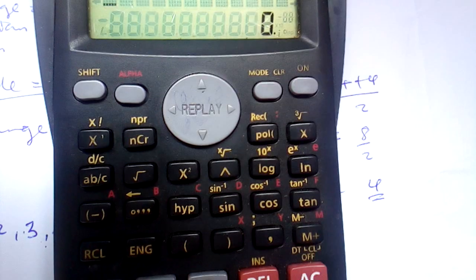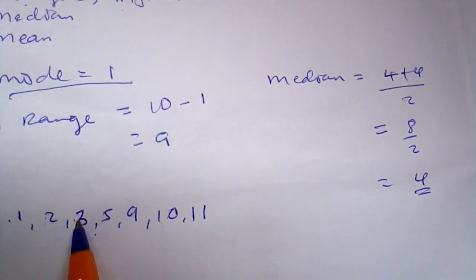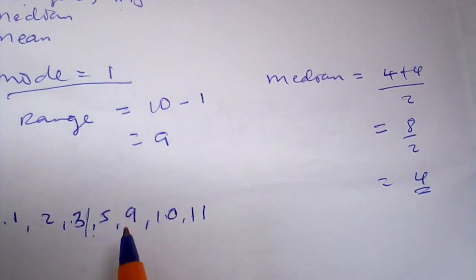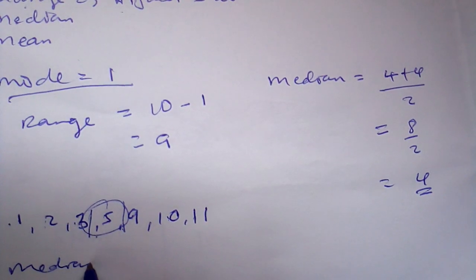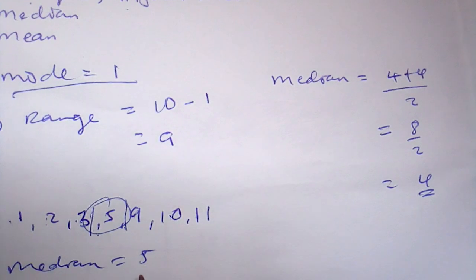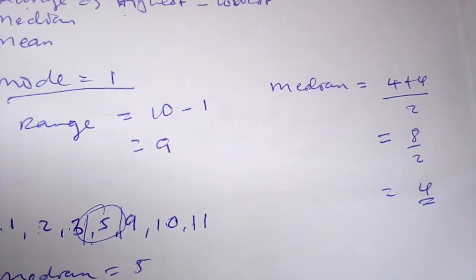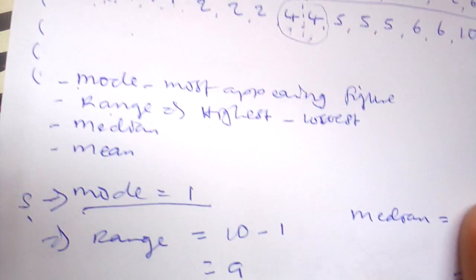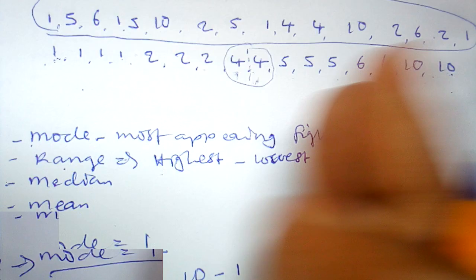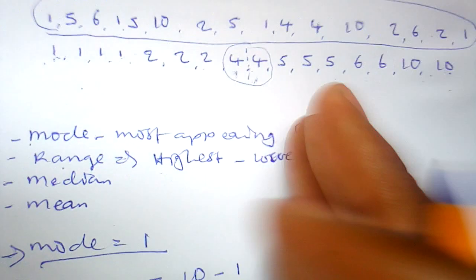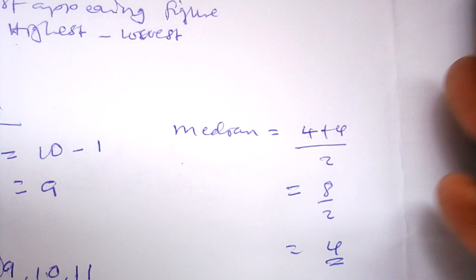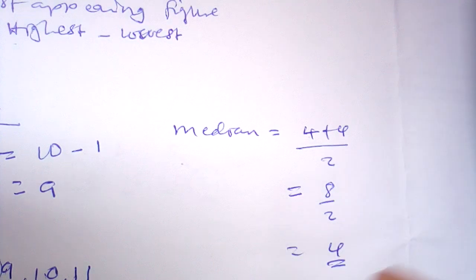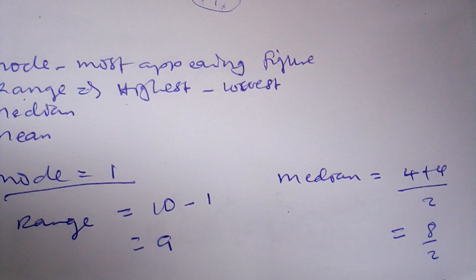So you're given 7. 7 divided by 2, you get about 3. So you count 1, 2, 3. Your middle number is 5. So here our median, if it was this question, is equal to 5. That's how I find the median. But in the case where there appear to be two numbers in the middle, you add the two numbers like the way we did here, and divide by 2 to have the median. So this is how you find the median.